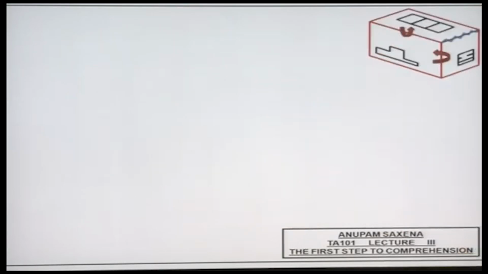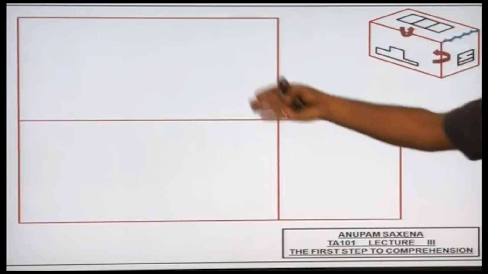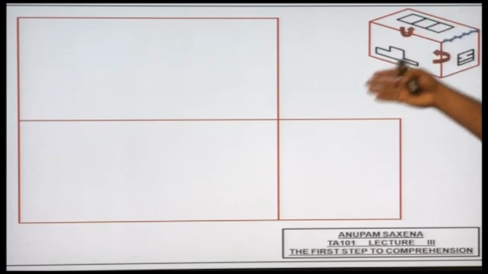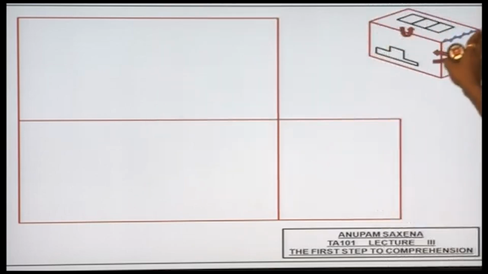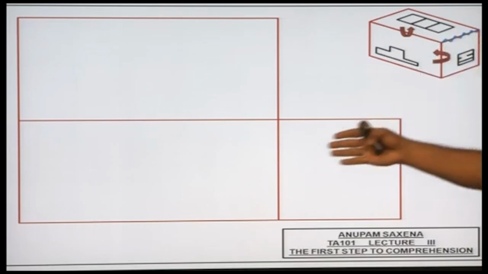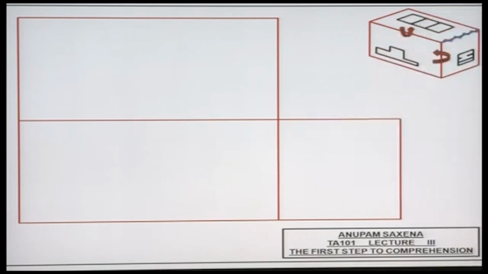All right, so if we flip these planes so that they lie on the same 2-dimensional plane, okay, let's see what we're gonna get. So this vertical plane will be over here. The horizontal plane is going to be on top of the vertical plane, and the plane on the right hand side will be over here on the right hand side of this vertical plane.